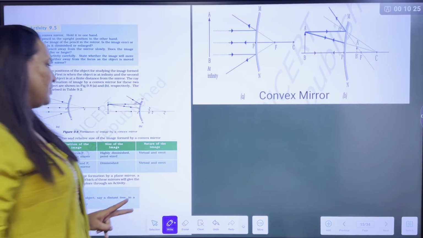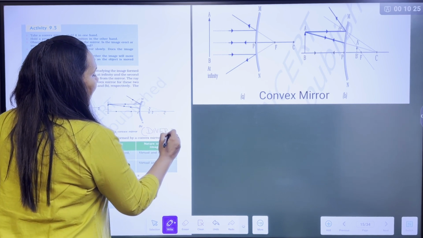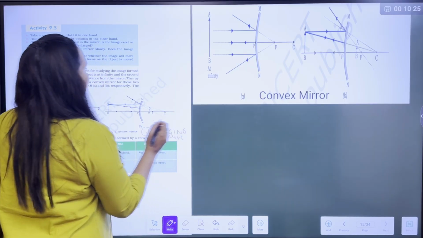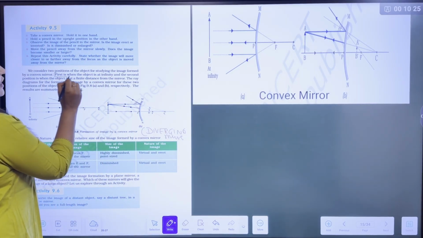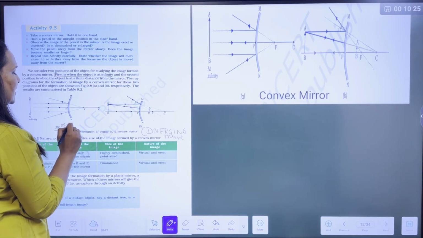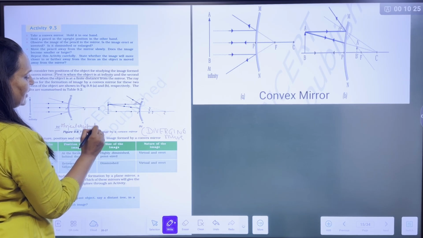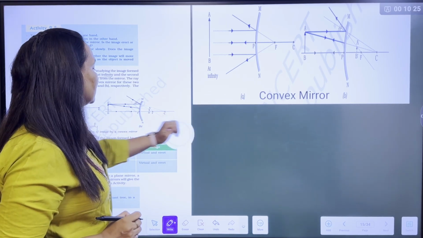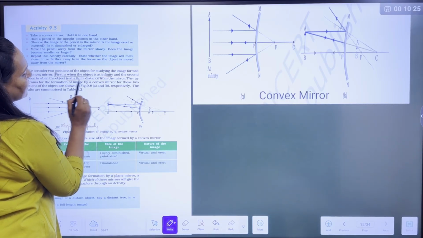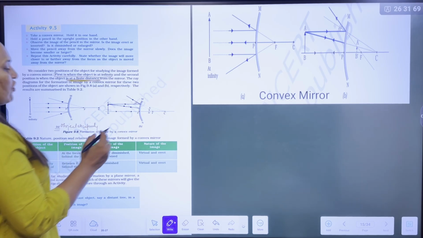It is a diverging mirror, and it has only two ray diagrams. One, the object is at infinity. First ray diagram, when the object is at infinity. And second ray diagram, when the object is lying on the principal axis at a finite distance, meaning some fixed distance from the mirror.